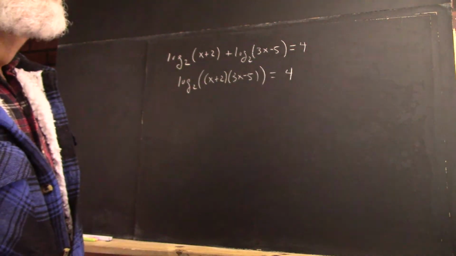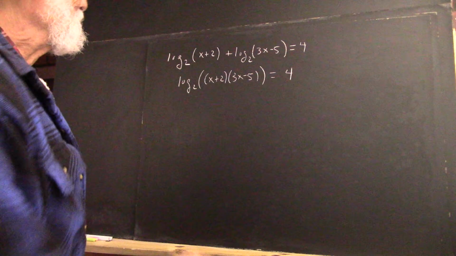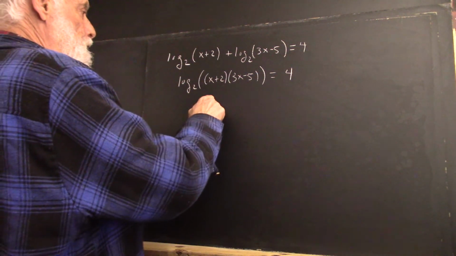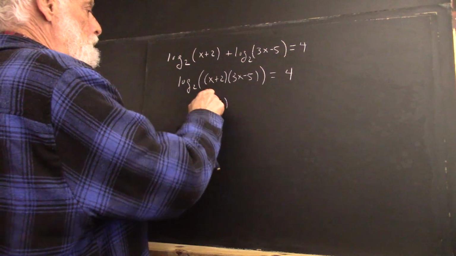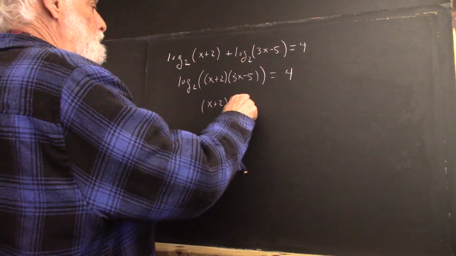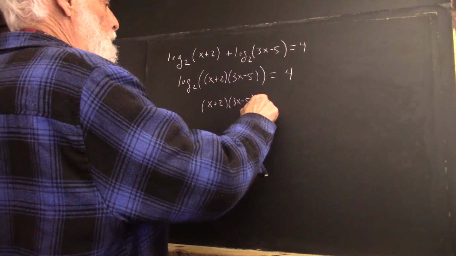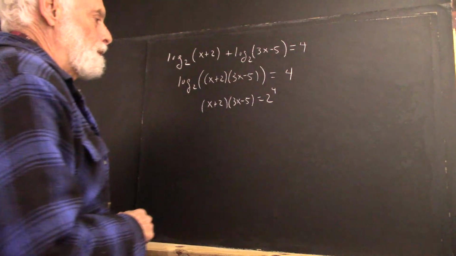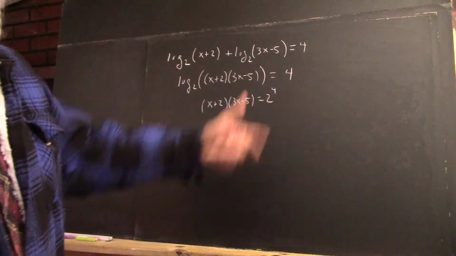Well, that was easy. Okay? And now it's easy to convert this to exponential form. And 2 to the 4th, of course, is 16.